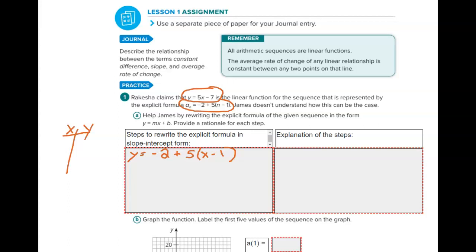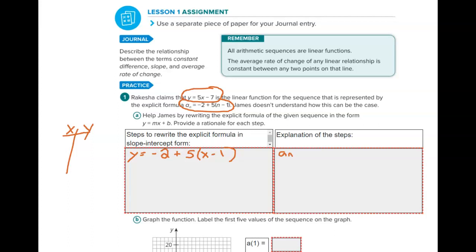So input, output. So our first step is that we substituted a y in place of a sub n, and we substituted an x in place of n. So that's the first step. So I'm going to shorten my explanation.